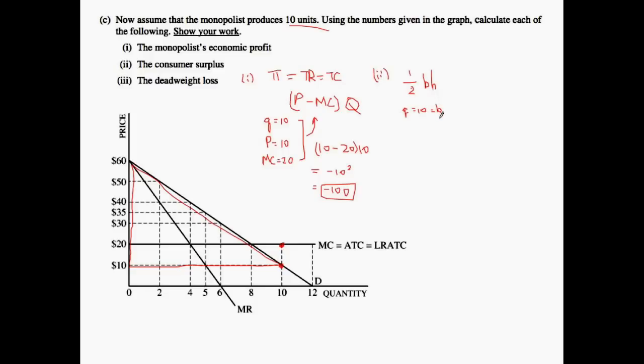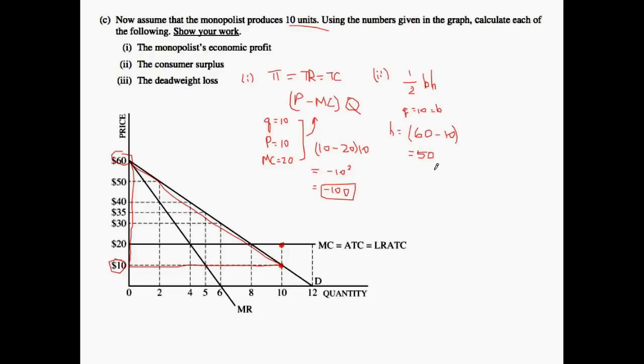And I also know that my height is going to be the difference between the price and what I'm willing to pay. So here, the difference is going to be 60 minus 10, which is equal to 50.